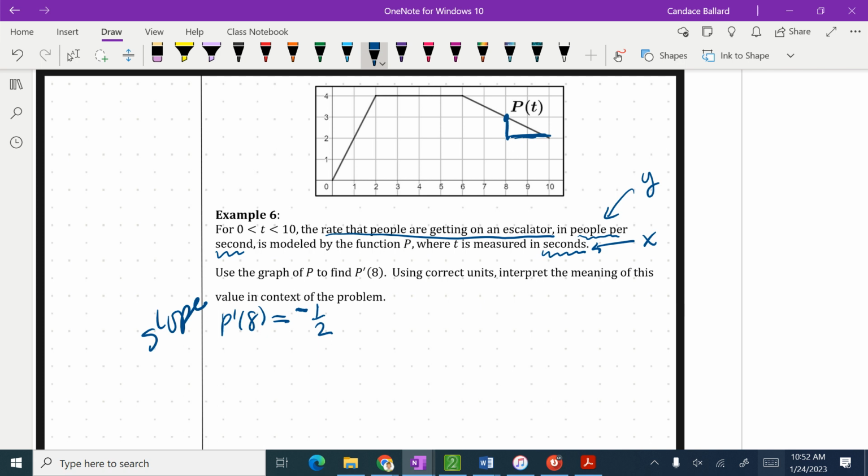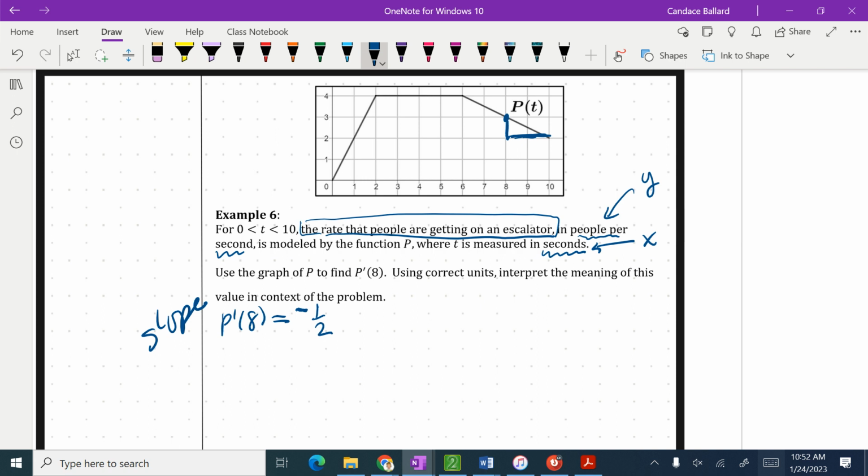I got the value. Now I'm going to write a sentence about the value because the second sentence says using correct units, interpret the meaning. Okay? So I'm always going to start with the words of the problem. The words of the problem I'm going to steal are right here, right? I'm going to literally copy that sentence. Okay? It's great when they give you the answer, isn't it? Right there in the stem of the question.